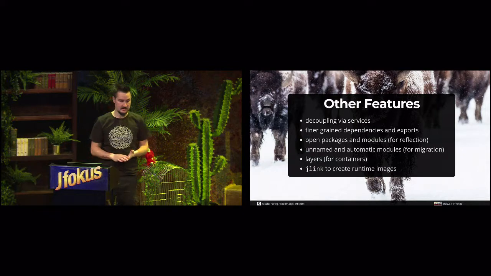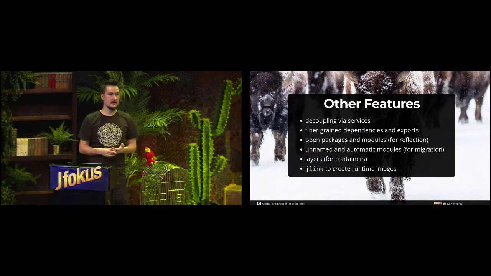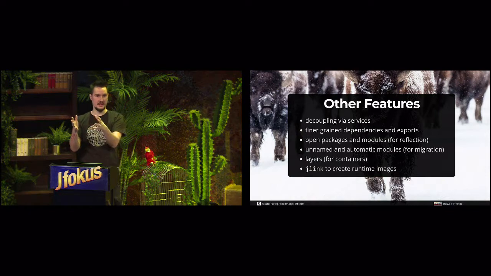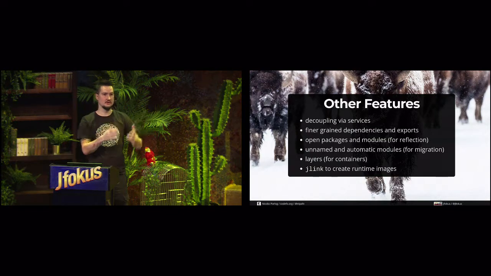And then finally, another great thing is JLink. With JLink, you can take those modules that you need for your application and put them into a runtime image, and you create basically a small JDK just for your application. So you have just the modules that you actually need to support your application. You don't have to have the Java desktop module in there, or the JavaFX WebView module, which lugs around the huge Chromium.